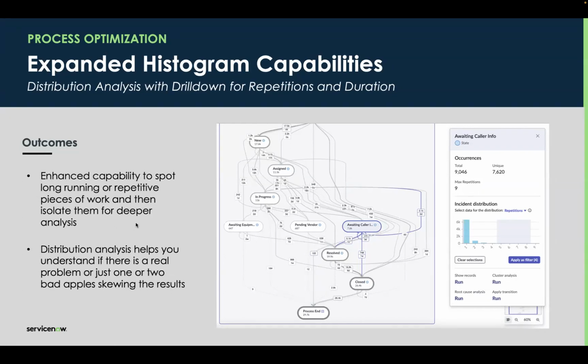So in addition to the ability to see these new outliers, you also have the ability now to drill down and filter the map for just those to show you the specific paths taken by those outliers. And we'll look at this in the demo, but it's a really useful feature for those of you that are digging into the data on the process map itself.